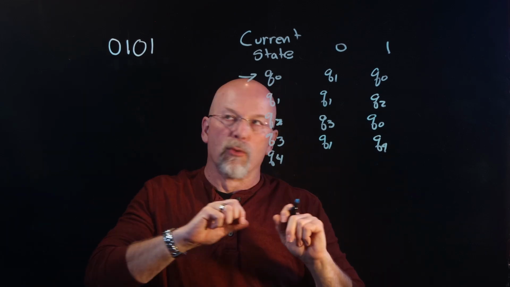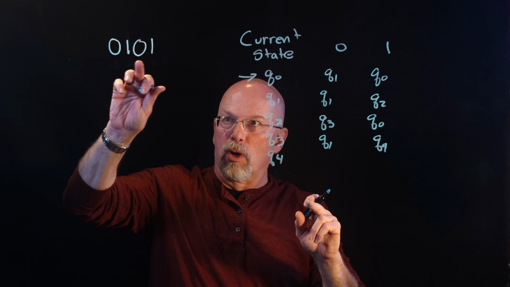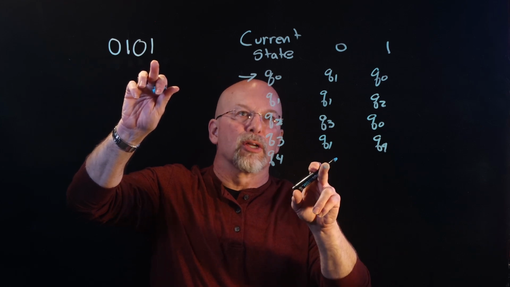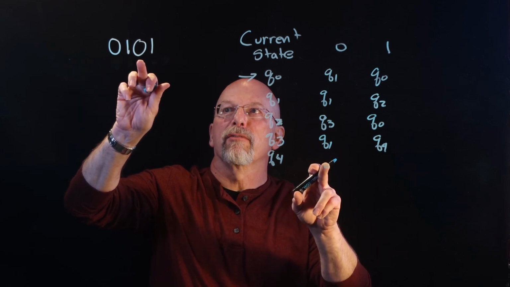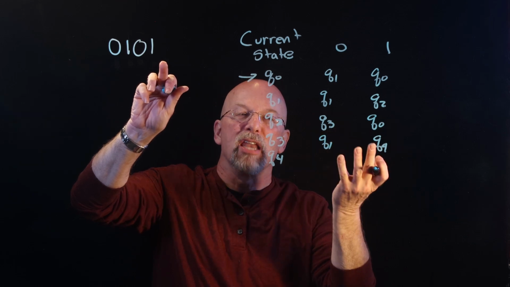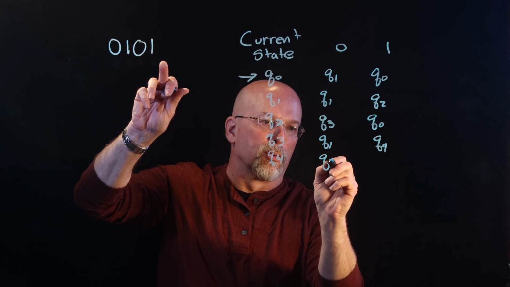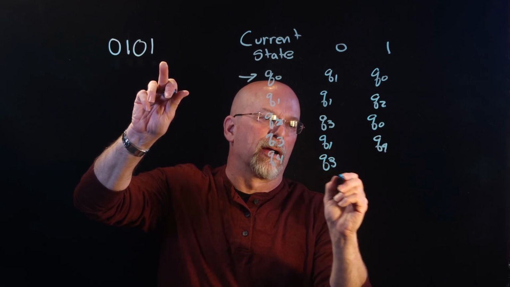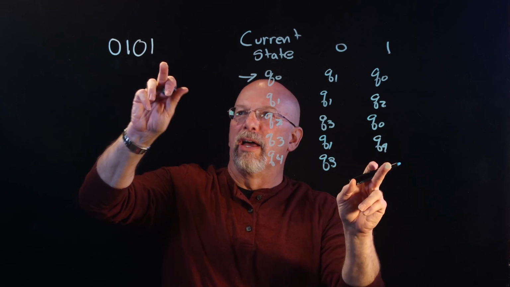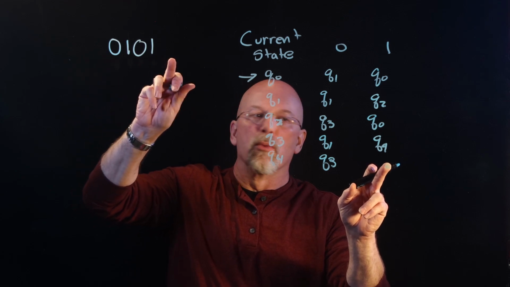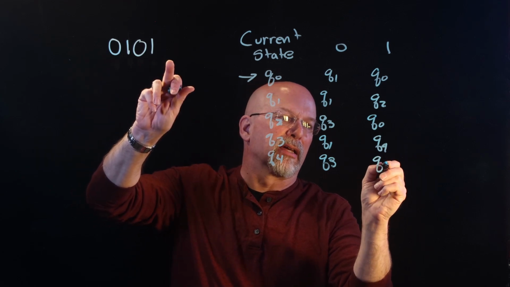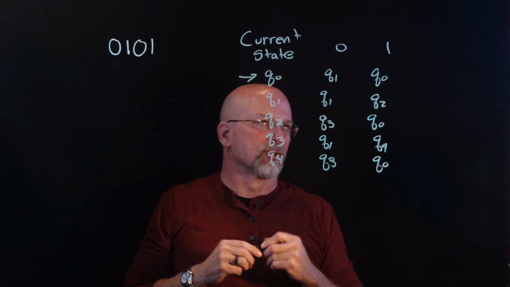Now, if we're in Q4, that means that we got a 0, 1, 0, 1. If we get a 0, that means that we could have the 0, 1, 0 of another pattern. So remember, that is going to bring us to Q3. All right. But if we got a 1, that means we got a 0, 1, 0, 1, 1, which means we have nothing, which brings us back to the initial state.